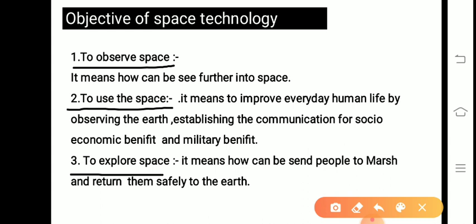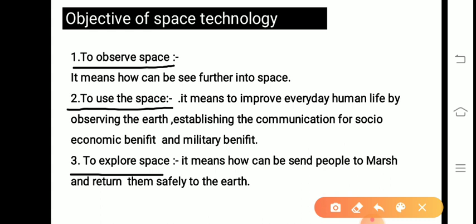The second one is to use space. To use space means we want to improve everyday human life. And how do we make it possible? By observing the Earth and establishing an effective communication system that helps us improve socio-economic benefit as well as fulfill military or defense needs.